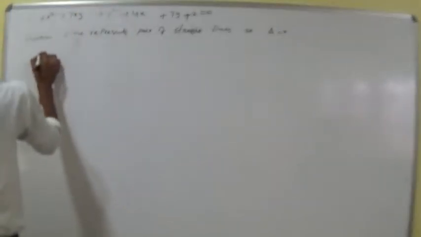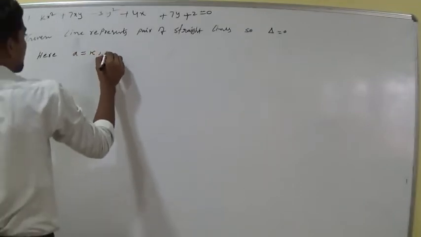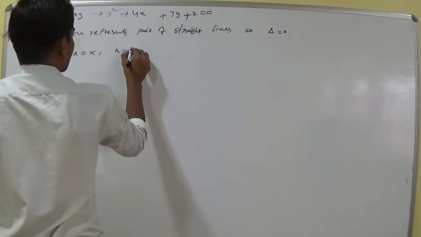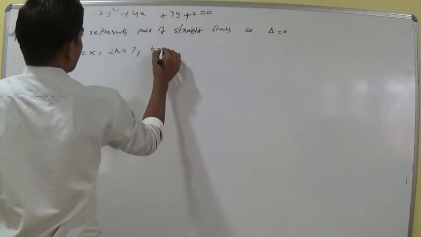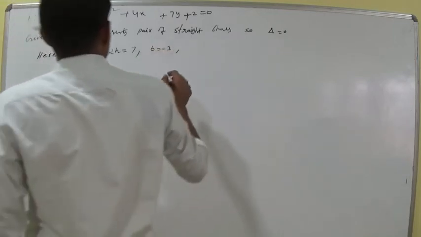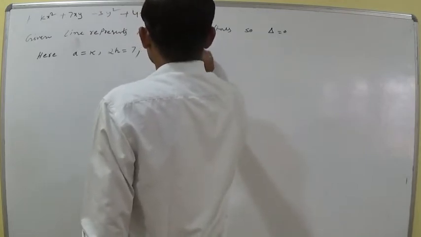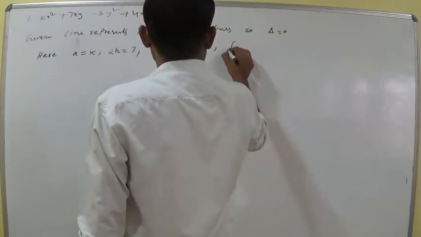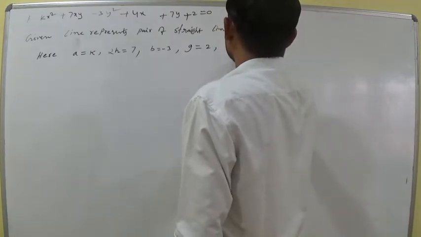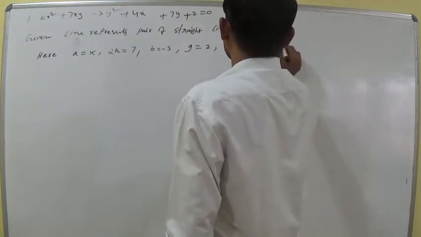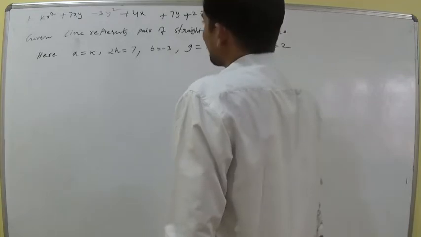Here a equal to k, 2h is equal to 7, and b is equal to minus 3. 2g, we need only g, so g is equal to 2, and f is equal to 7 by 2, and c is equal to 2.